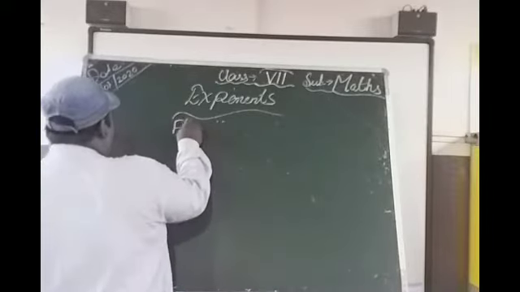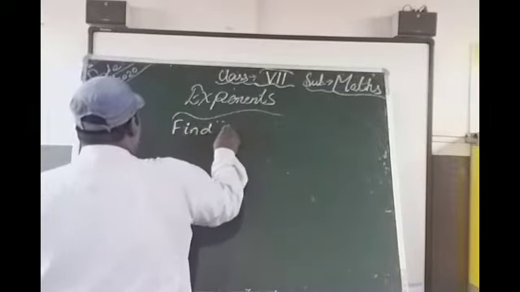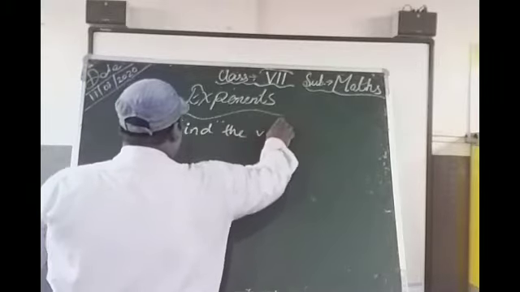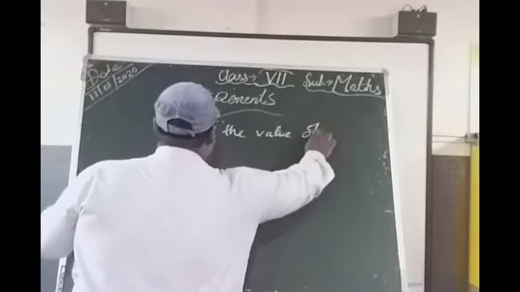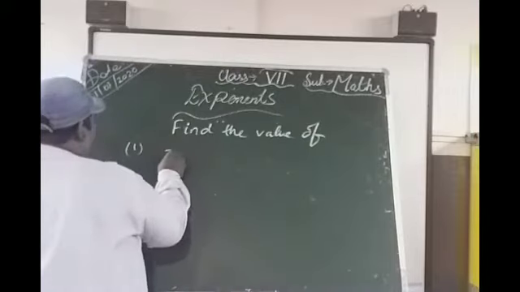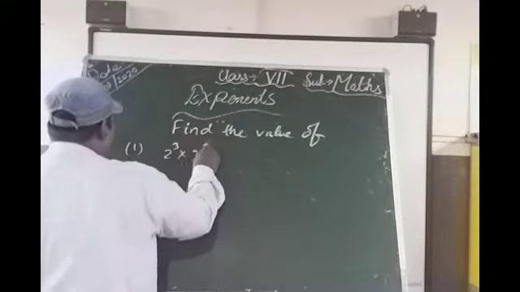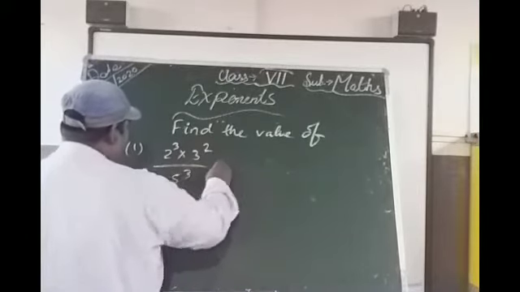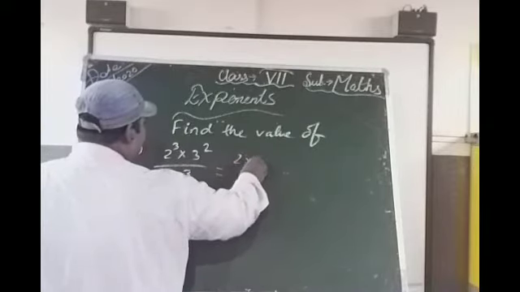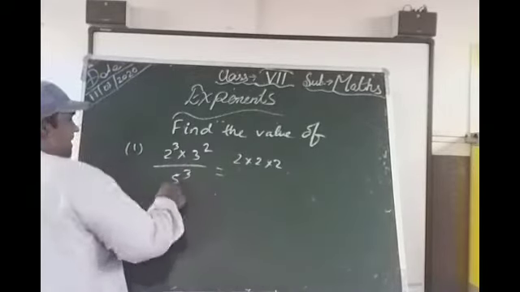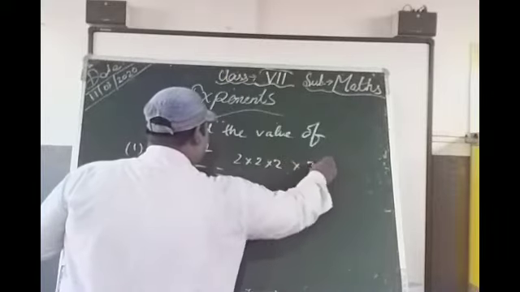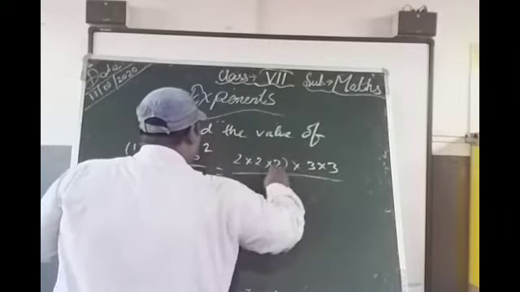Next topic, find the value of, suppose that some bigger problem, 2 power 3 into 3 power 2 by 5 power 3. What do you do? Multiply 2 into 2 into 2, 2 three times, then 3 into 3, 3 two times.